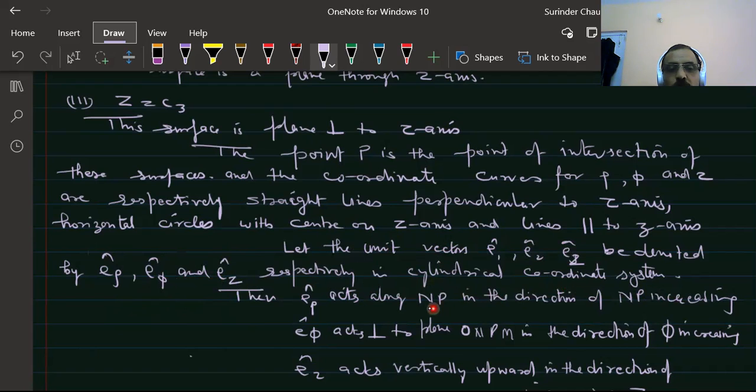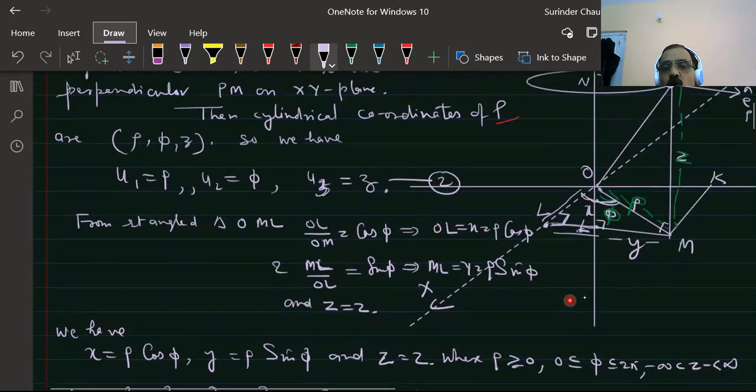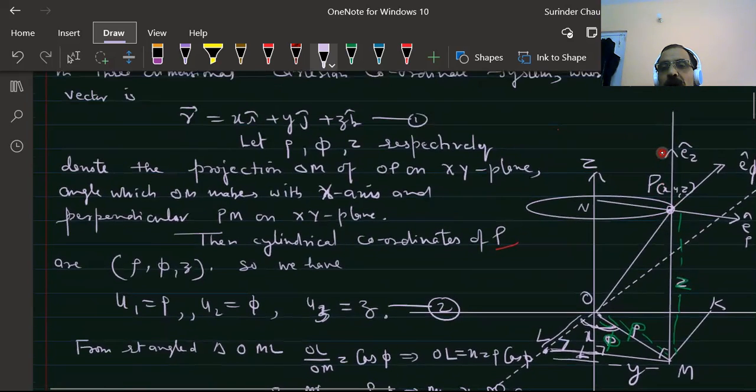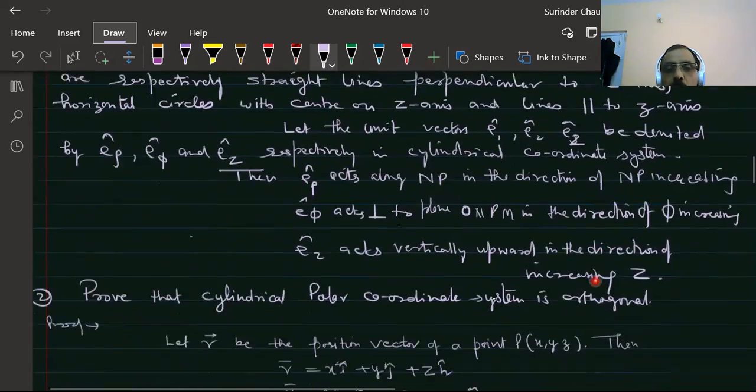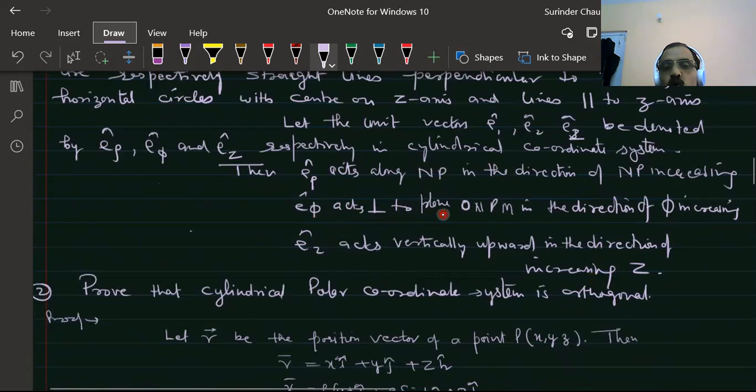In the cylindrical coordinate system, e rho acts along NP. I show the figure. e phi acts perpendicular to the plane ONPM in the direction of phi increasing, and e z acts vertically upwards in the direction of increasing z.